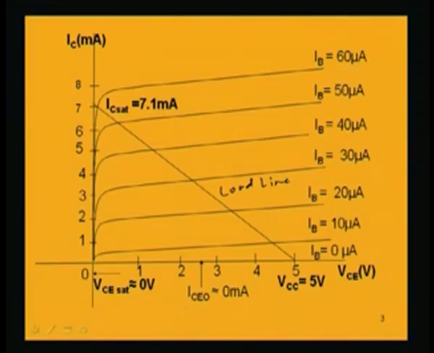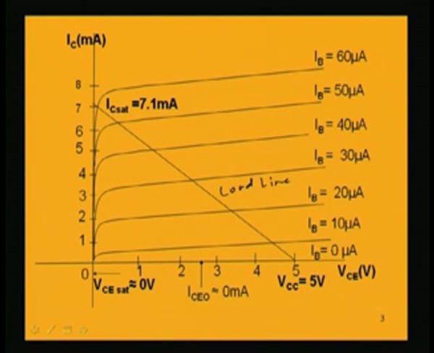That is, when we have IC saturation flowing, the maximum collector current, then VCE is equal to 0. And the cutoff value of current, ICEO, is actually the reverse saturation current when the base current is 0.